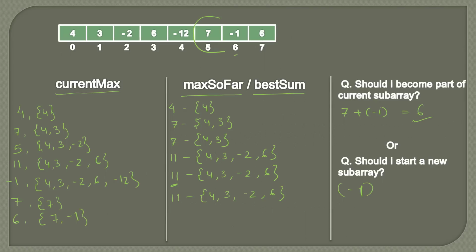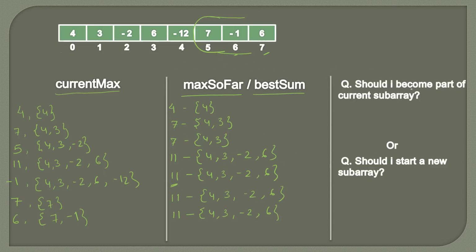Okay, but this 6 is less than 11, so our max so far will still remain the same. Moving ahead, so now our subarray has two elements, 7 and -1. So now the last element comes, which is 6.